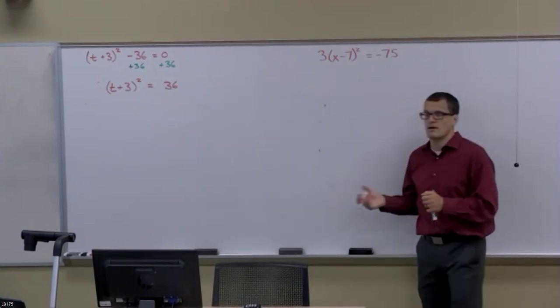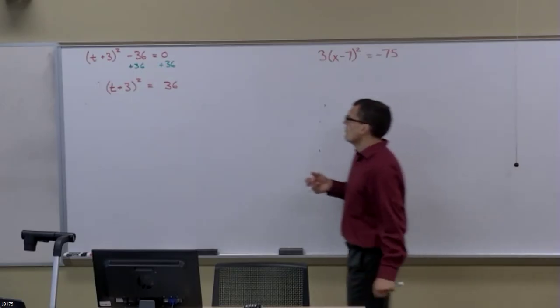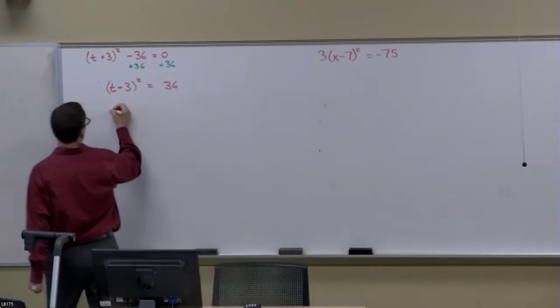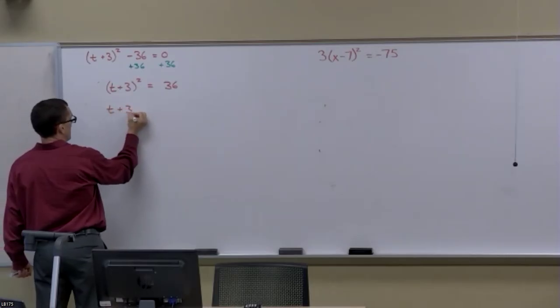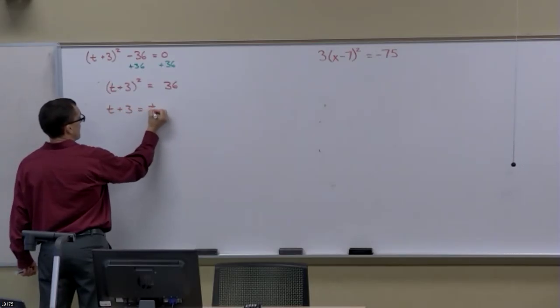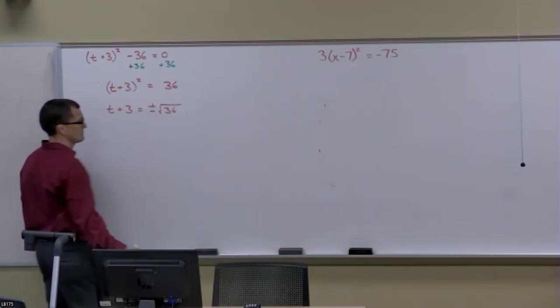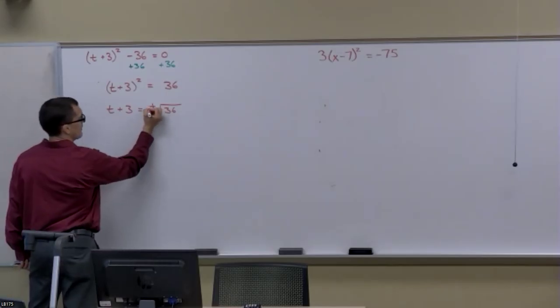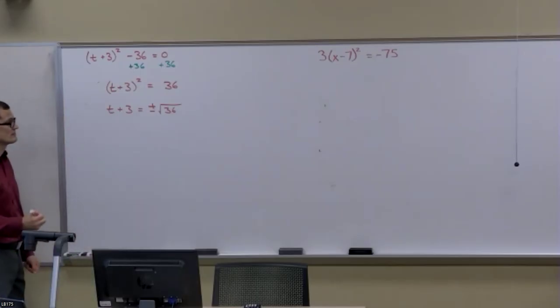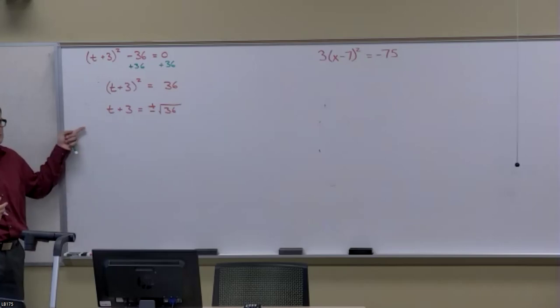I'll show you the more common way. The common way of writing this next step is saying t plus 3 is equal to the positive or the negative square root of 36. That's the more common way. You can also split it up into 2 equations, which is what I'm going to do in just a moment.